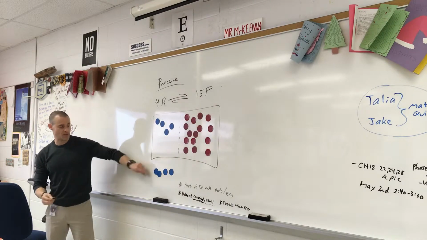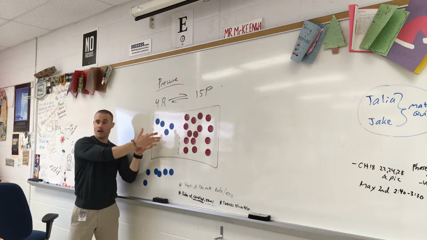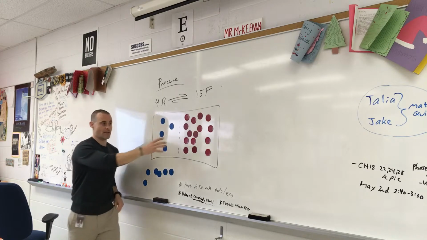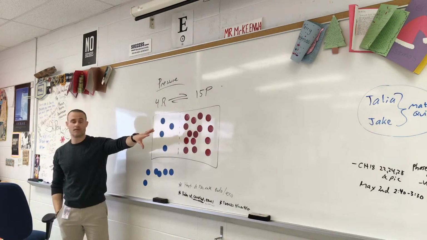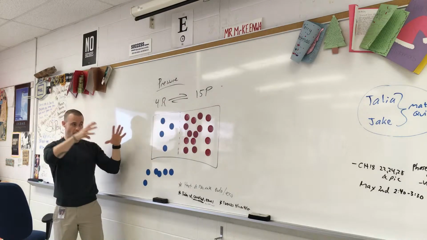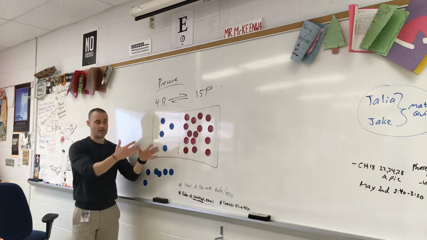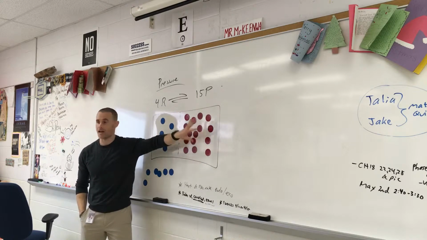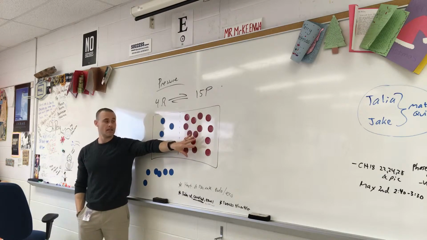The best way I can explain that is when you're at equilibrium, there's a certain amount of space over here and a certain amount of space over here, and this reaction wants to maintain that space. So if this box grows, there's too much space. So these particles go towards the higher number of moles to fill in that extra space. It wants to try and get back to where it used to be.